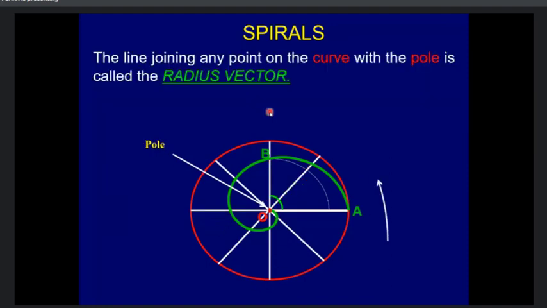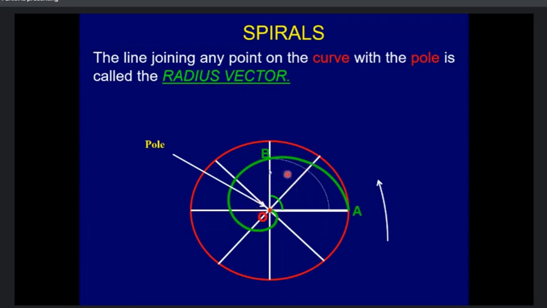Now what is a radius vector? There are a number of radius vectors here. There are a number of radius vectors in the Archimedean spiral. This green color curve which you see is the spiral curve, the Archimedean spiral. So what is a radius vector? You take any point on an Archimedean spiral and connect it with the center point, that is AO, BO, and so on.